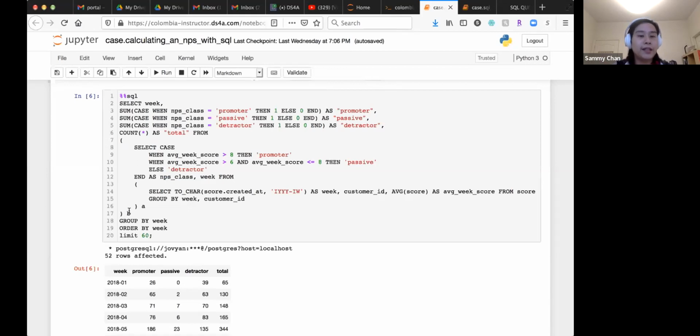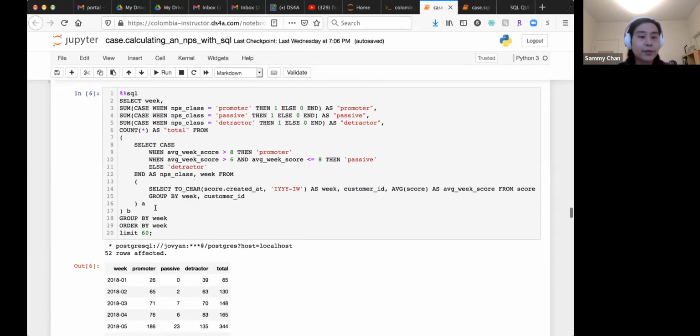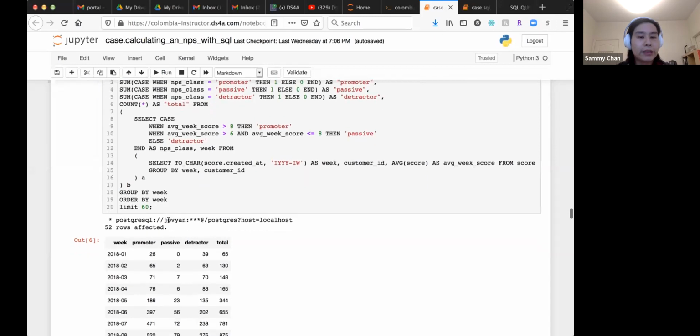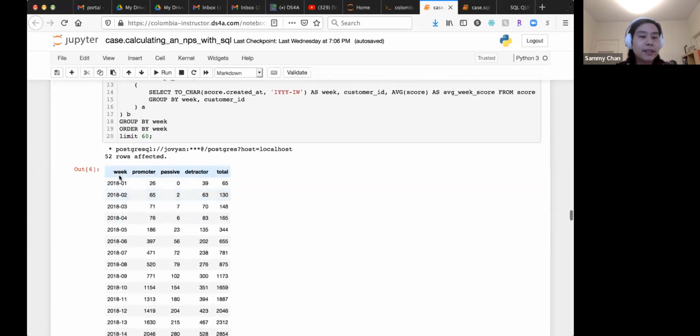Okay. And then here we also included counting everything as a total from the virtual table B, and then group by week, order by week as usual. And we finally get the number of promoters, the number of passives, and the number of detractors per week.